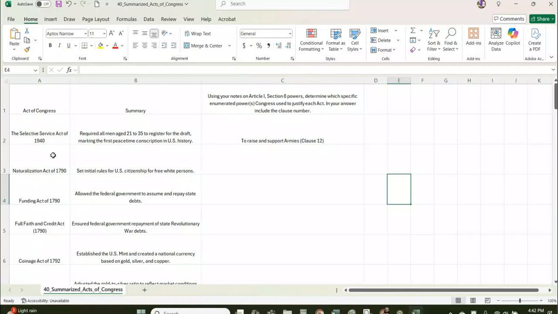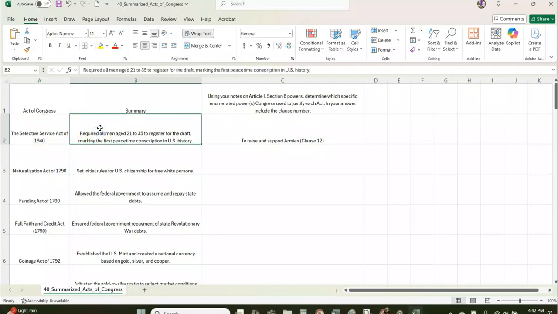And your job is to read what the title is, and the basic summary. And then your job is going to be, using your notes, determine which specific power Congress is using when they made this law.